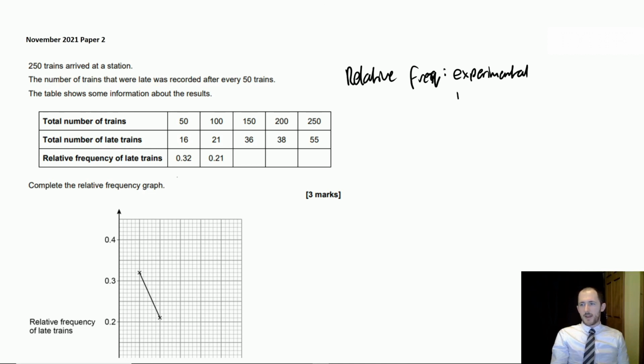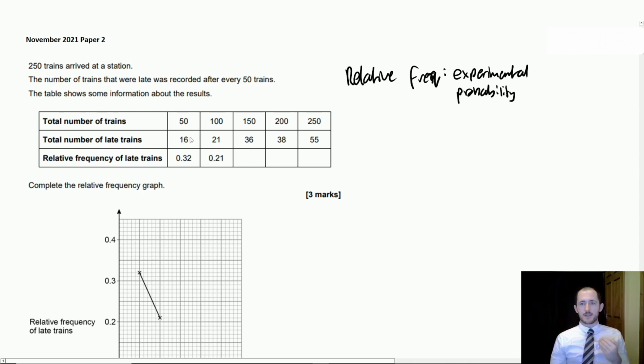What I mean by that is we have two types of probability. We have theoretical probability, so that means in an ideal world, if we were to do this experiment, what would we get as our probability, whereas the experimental probability is essentially what we actually get when we do this test. As you can see, to get these numbers here, all they do is take the number of late trains and divide it by the total number of trains.